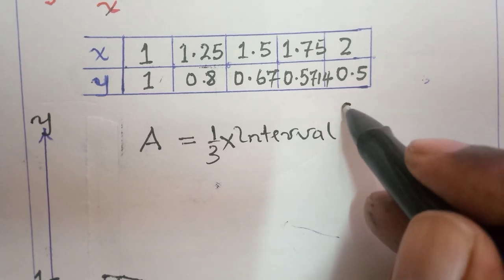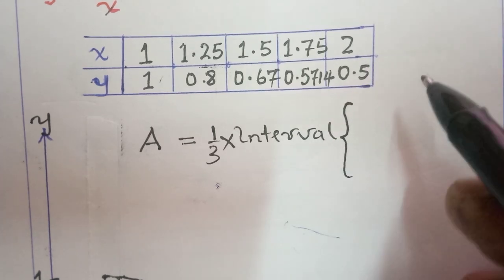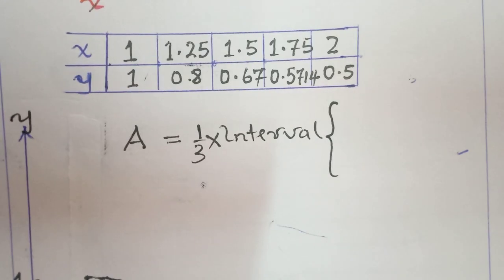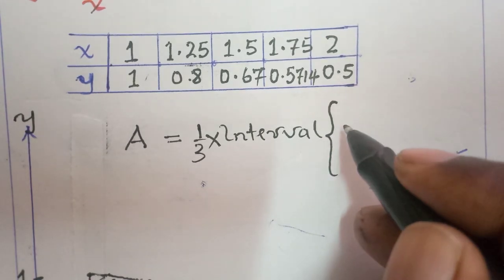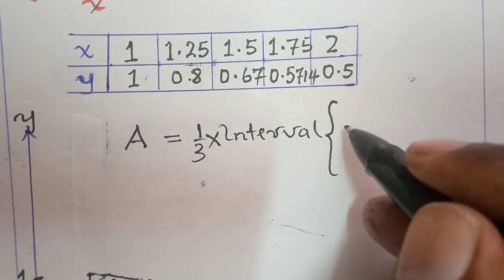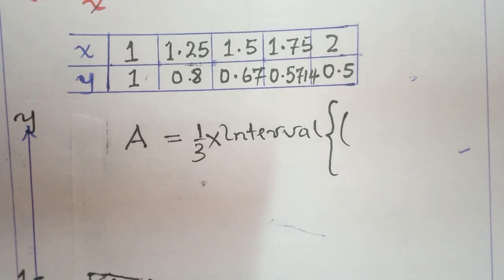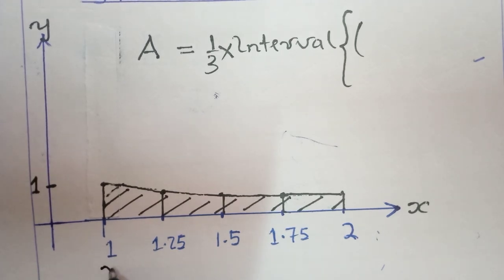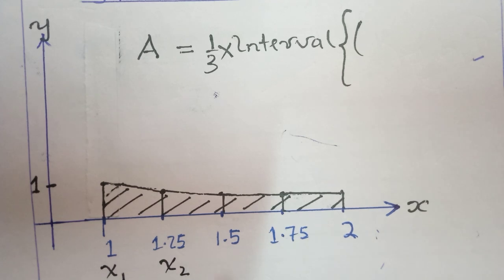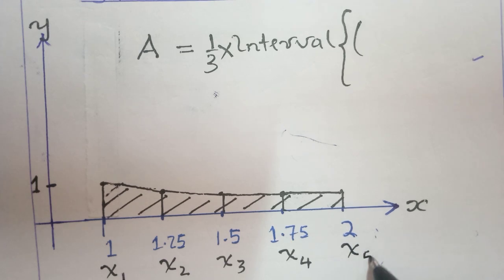into bracket, open the bracket there, then you multiply by what is inside the bracket. This is now going to be the first ordinate, which let's say I can call x1. I call this one x2, x3, x4, and this one x5.